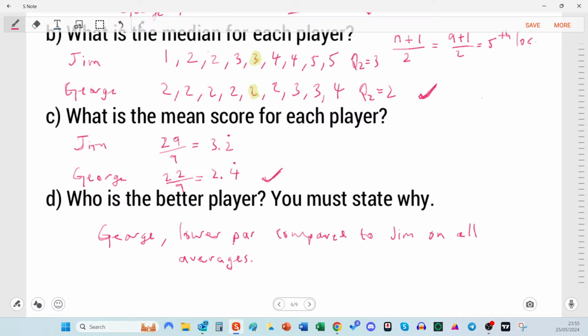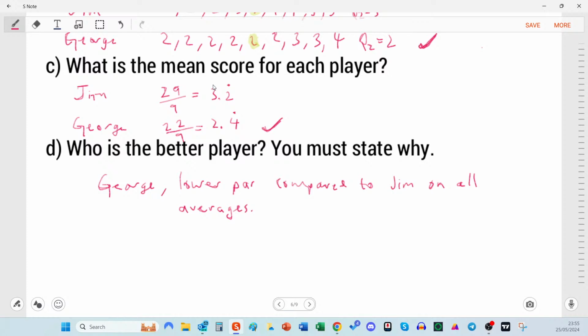And to be honest, if you want to be really thorough, you go through and you write them all. So you might say the mean for Jim was more than the mean for George. And you might even write it like the numbers.